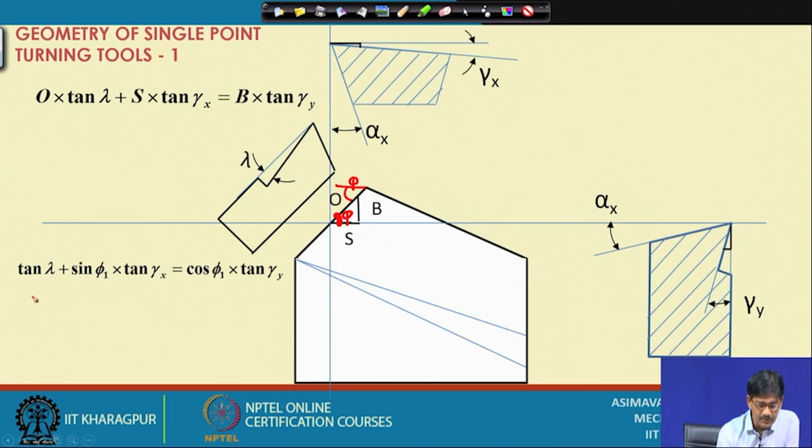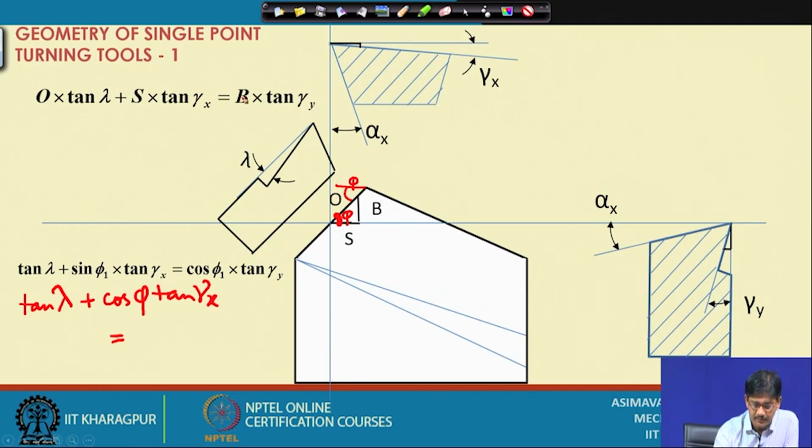Okay. So, we write tan lambda plus cos phi into this distance, which once again is tan gamma x as found out here, equal to sin phi into tan gamma y.